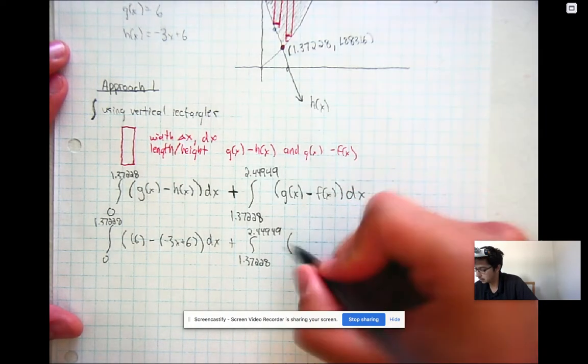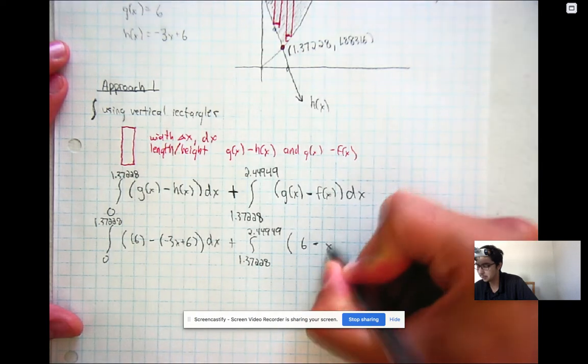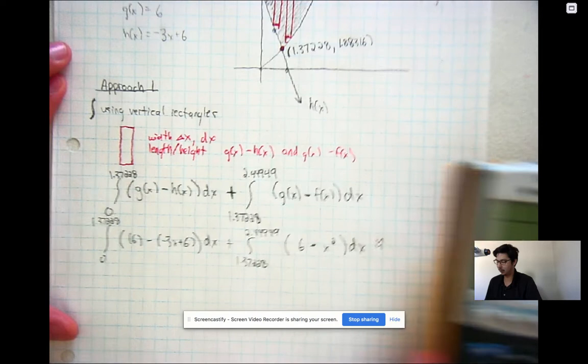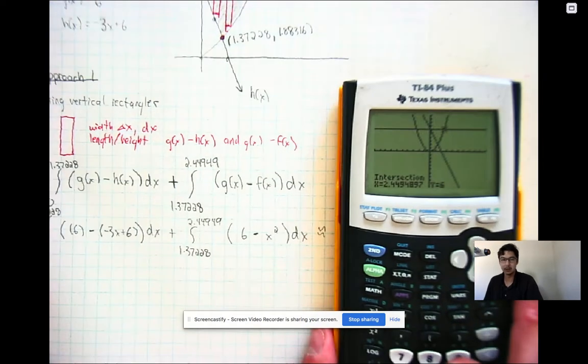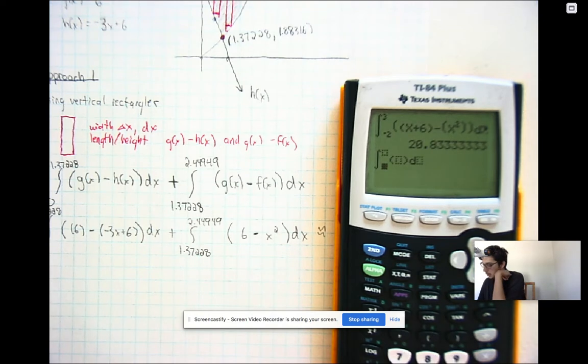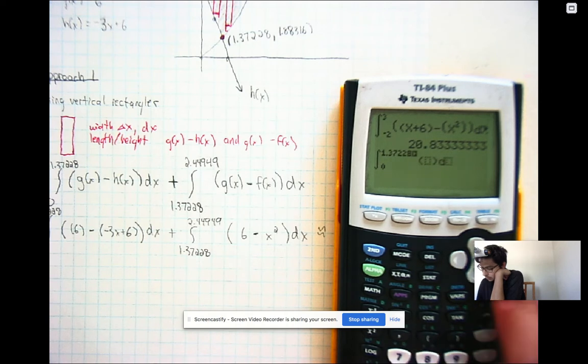I said, 6 minus x squared. And let's see what we get using this method. So, math 9, 0 up to 1.37228 of 6 minus, I'm going to use parentheses for this next function, dx.